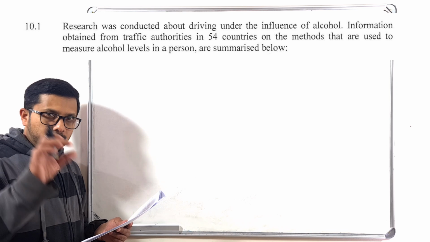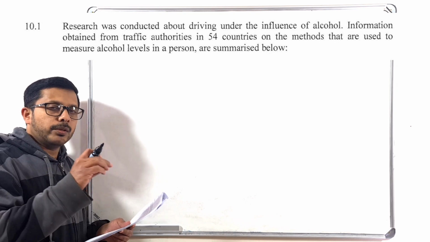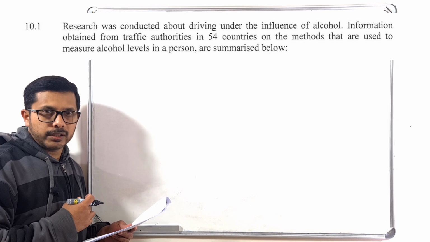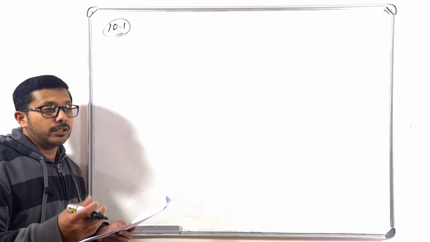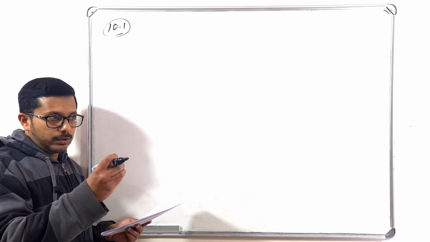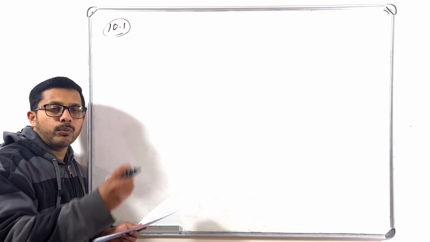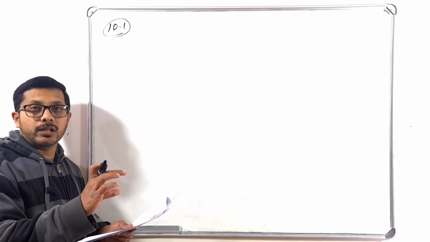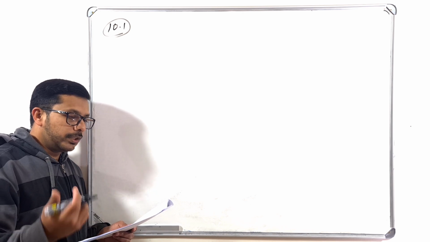In the 54 countries, the methods used to measure the alcohol of those who are driving, how they detect what measurement of alcohol was consumed. So what are the different methods?